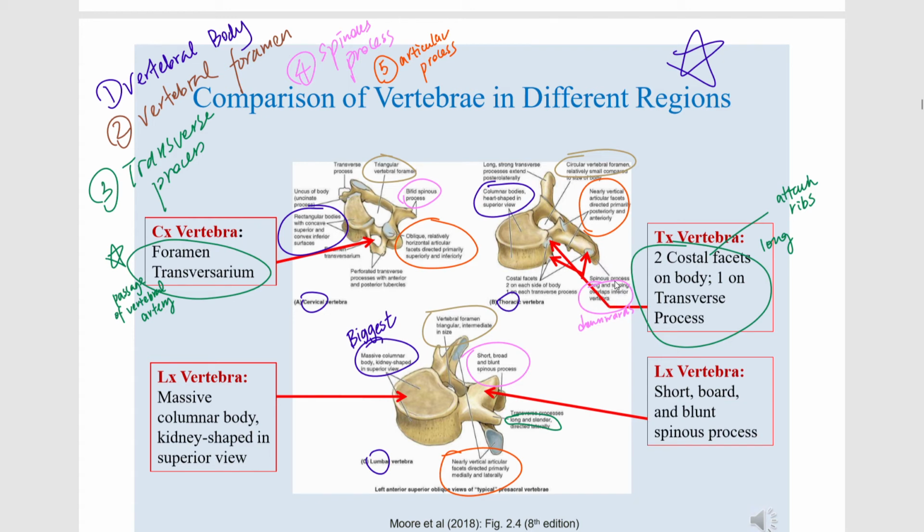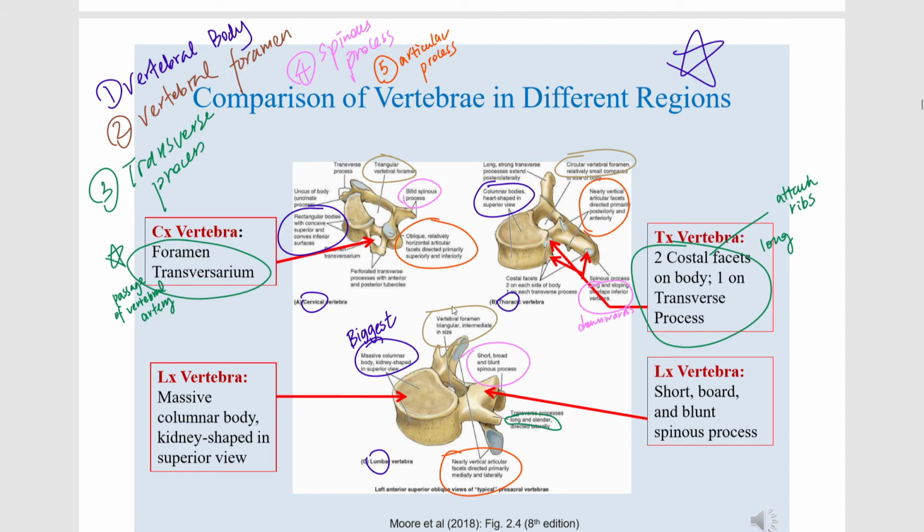As you can see here, it's pointing downwards, which is the inferior side. And lastly, in the lumbar region, the spinous process is short, broad, and also blunt. It again points downward, but it's very short and broad.